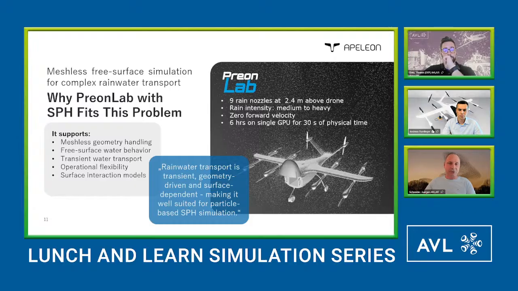We did it on purpose just in the parking position, but there is no reason to not also simulate flying conditions with rotating propellers, or just easily tilt or turn the aircraft and look from different positions. And just to give a number here, also calculation time, for example, 6 hours for 30 seconds real time, really very fast feedback on design decisions.